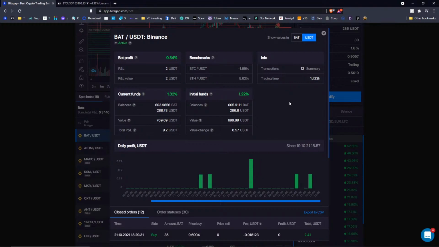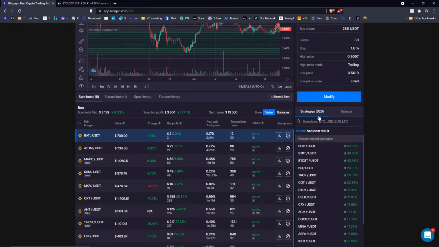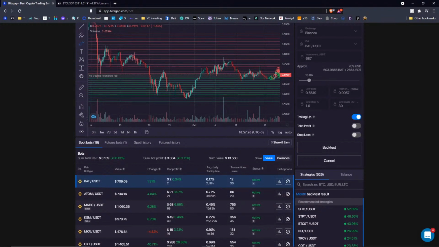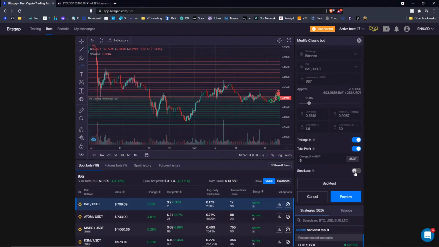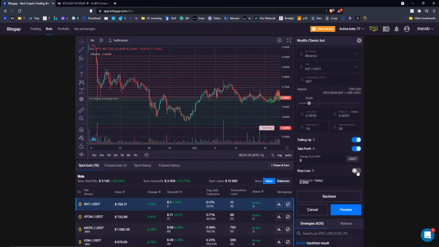So the things that you can change are the following. You click on modify and you can change the trading up, you can set the take profit, and you can set or deselect the stop loss if you no longer need it. These are the 3 things you can do.